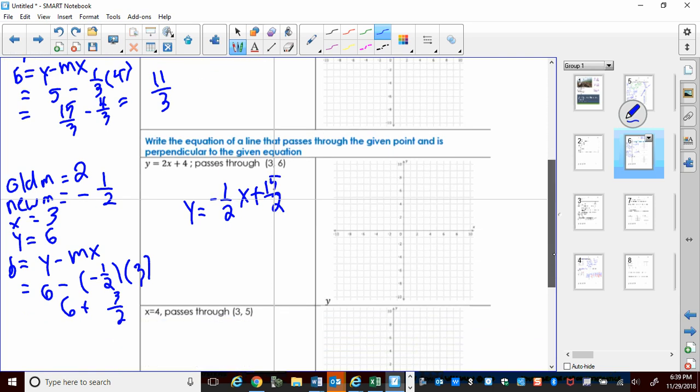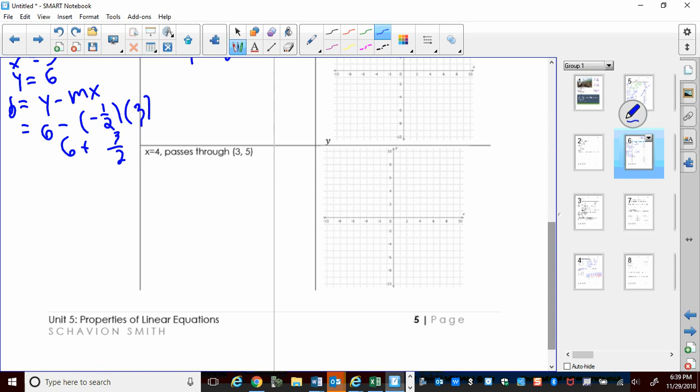Now, my next line that's perpendicular is a curious type of problem. Now, my new slope, I don't know yet, but my old slope, my old m, it's x equals 4, is undefined. If you remember at the beginning, the opposite reciprocal of undefined is 0.